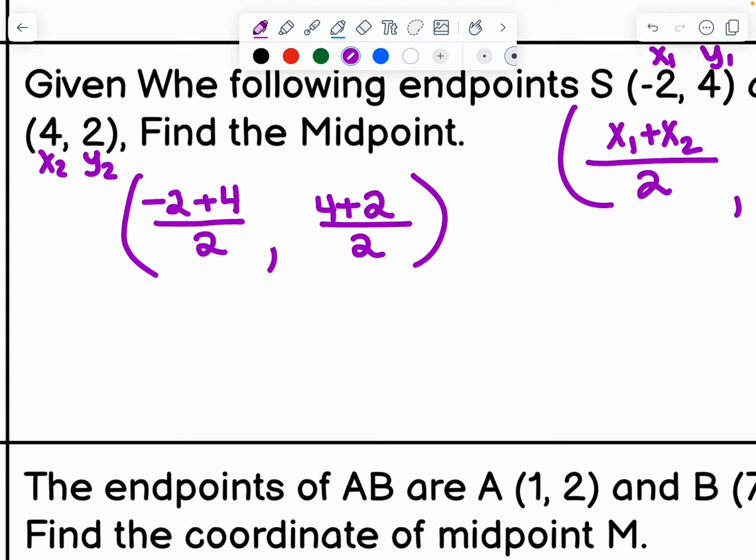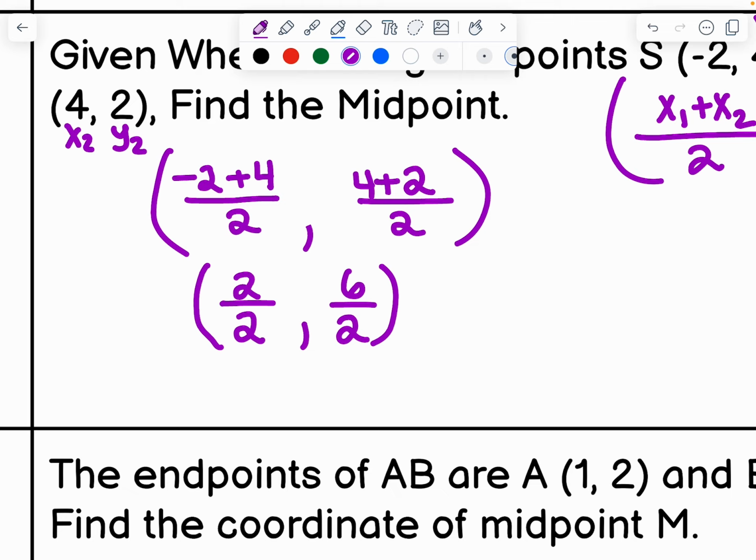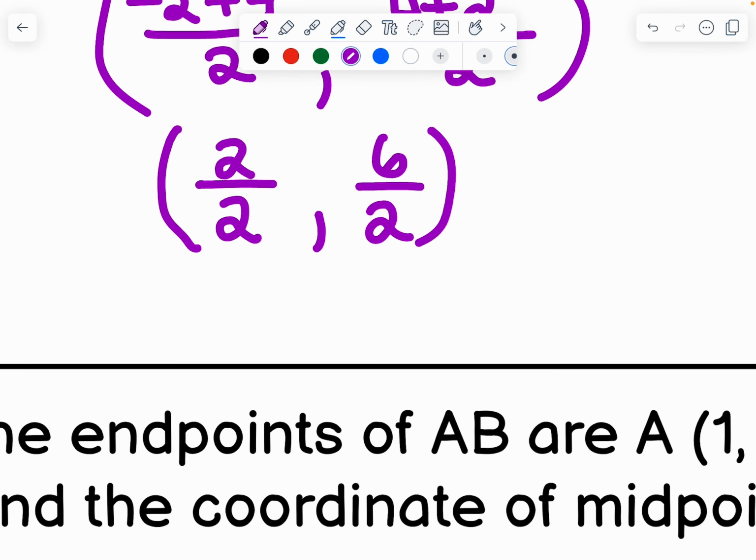And now it's time to crunch these numbers. -2 plus 4 is 2. And then 4 plus 2 is 6. And where's our midpoint? Our midpoint is at 1, 3.